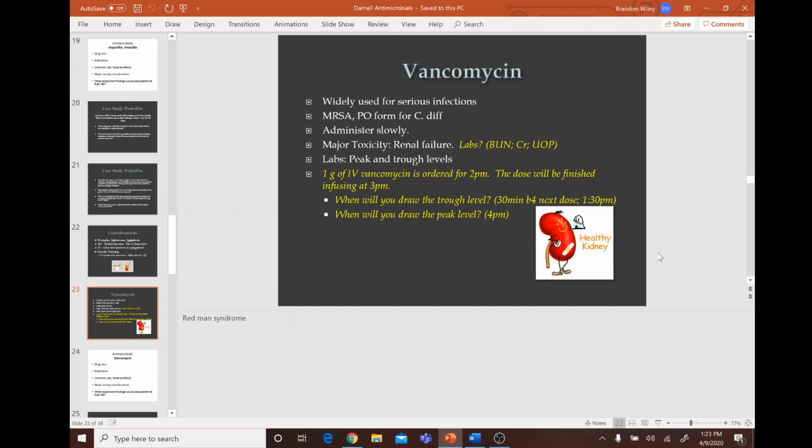All right. What is vancomycin used for? Widely used for serious infections like MRSA, and if you take it PO, it'll be for C. diff. How should you administer vancomycin? You want to administer it slowly. What are the major toxicities when it comes to vancomycin?